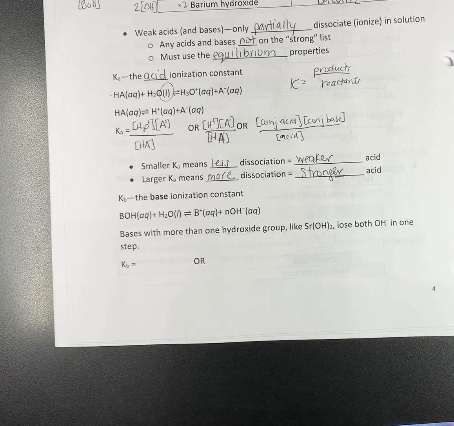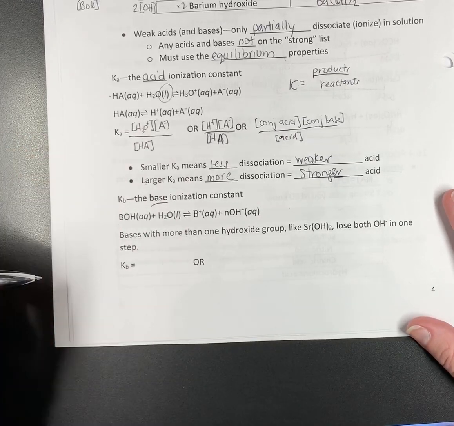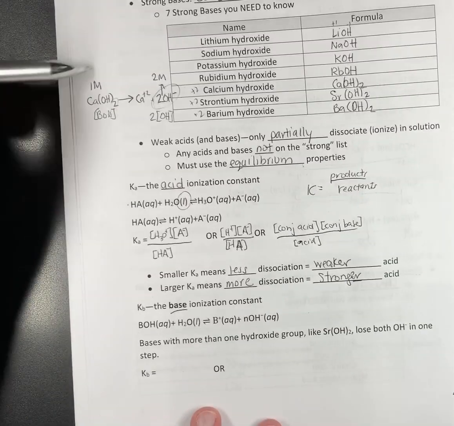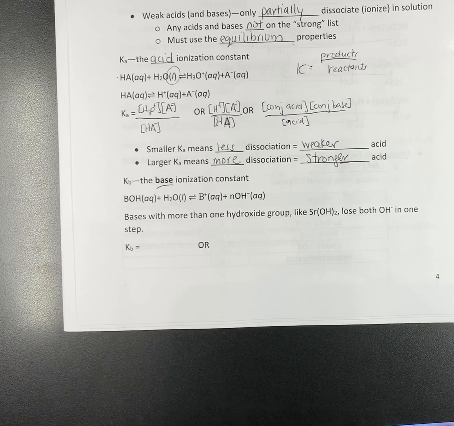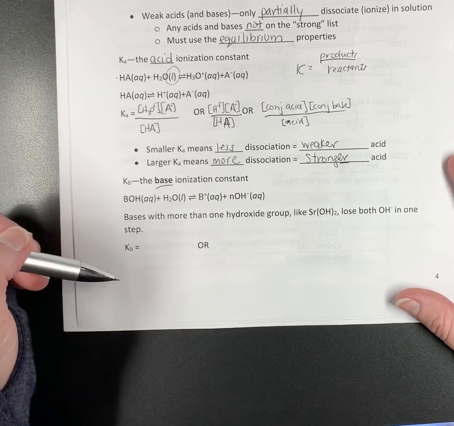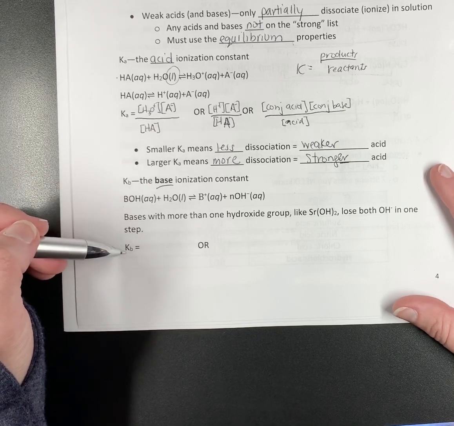Most all of the Ks that are going to be given with regards to acids and bases are going to be in the form of Ka. We'll talk about how to deal with that. But you also have Kb, which is the base ionization constant. Same principle, but I didn't write this with two different reactions, but the same principle would apply.